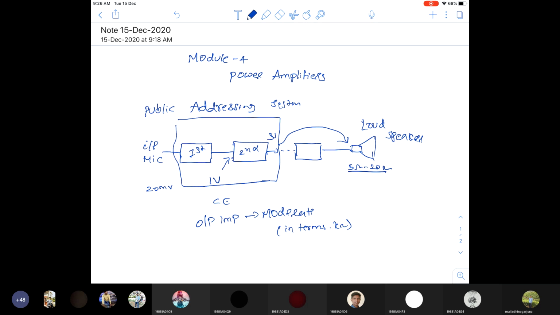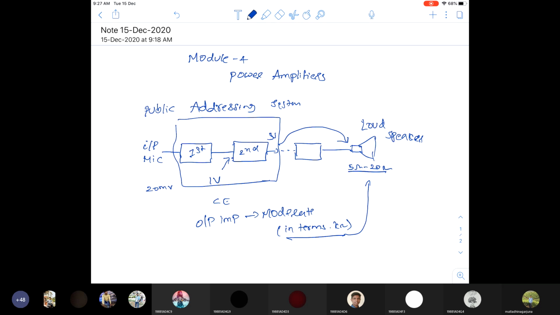But the output of the multi-stage amplifier is in terms of kilo ohms. So there is a mismatch between the impedances.